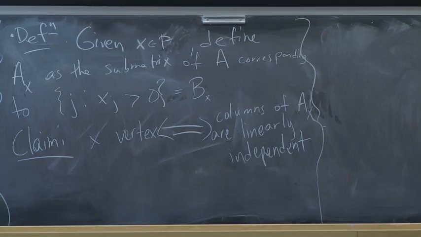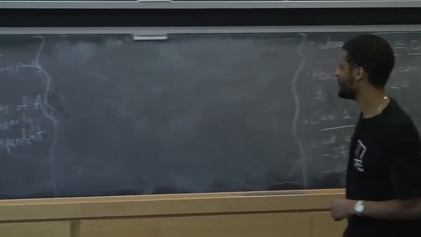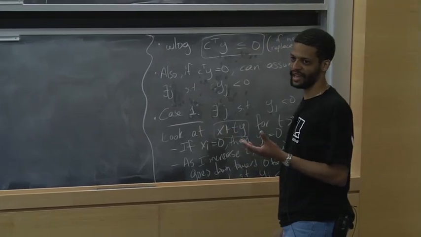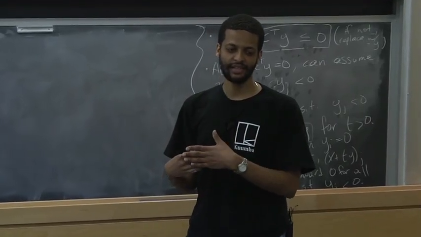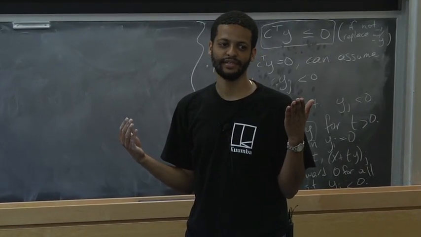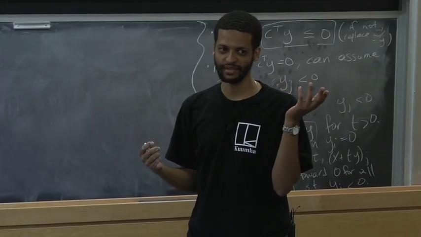Okay, good. And by the way, I claim A does have full rank in standard form. The column rank of A is at least m. So first of all, why is that the case? Look at the rows of A. If any of the rows are linearly dependent, that means there are redundant constraints. So you can just toss them out.